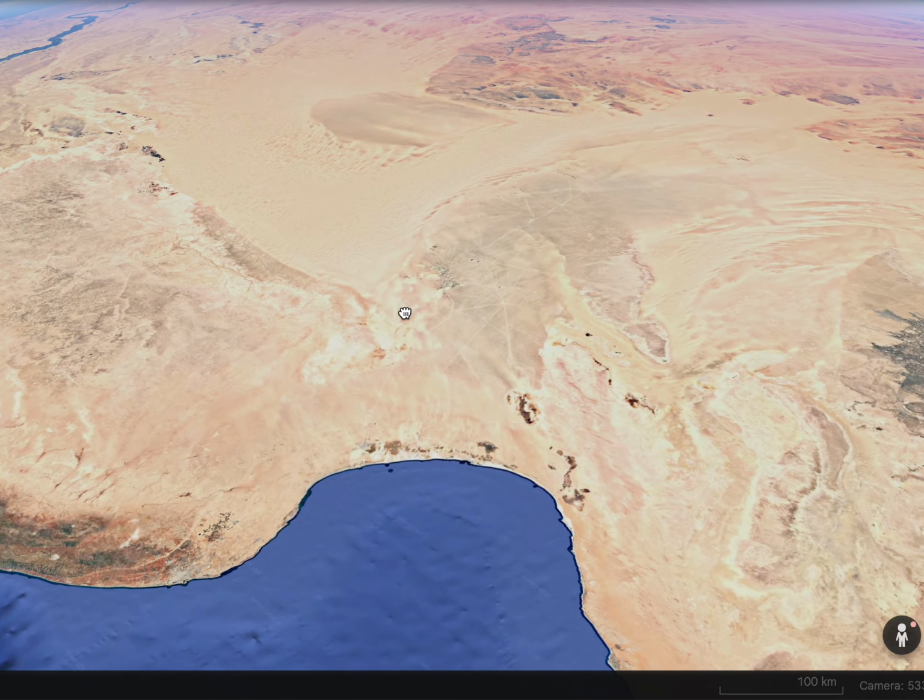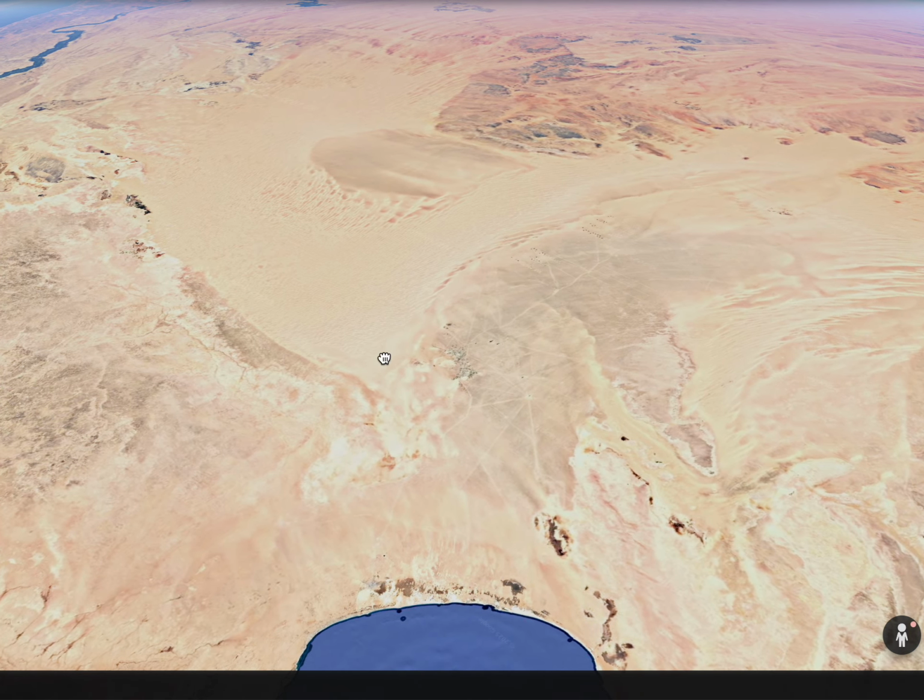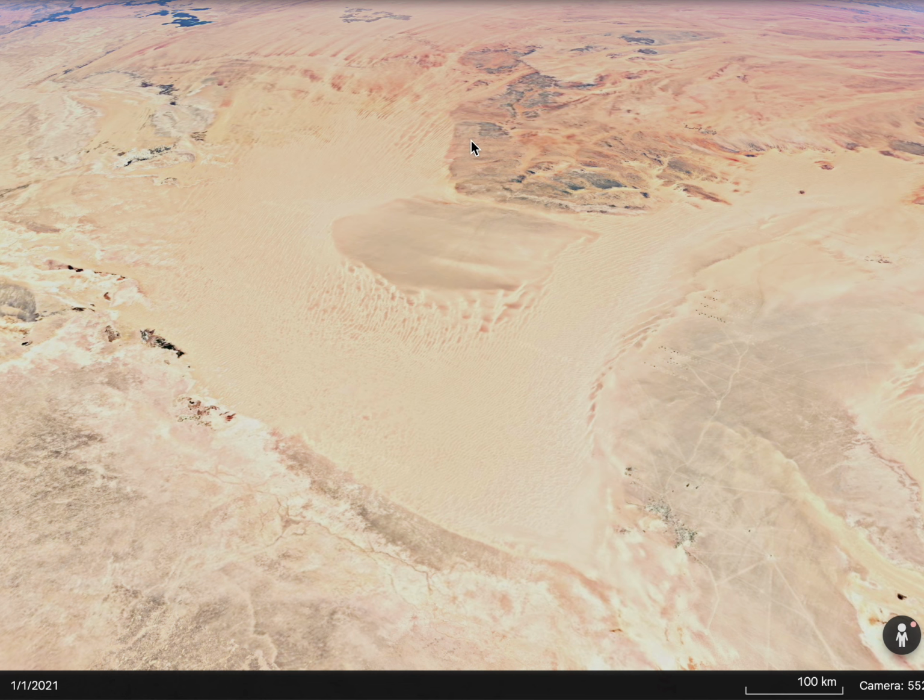So we keep going, and now let's check out this deposit of sand. Absolutely insane. First of all, it's streamlined. Second of all, it's pushed up against this uplifted lava, or not necessarily uplifted, but high altitude lava rock.